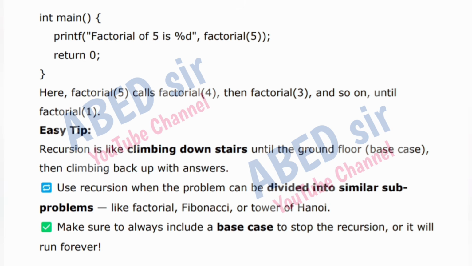Here factorial(5) calls factorial(4), then factorial(3), and so on until factorial(1). Easy tip: recursion is like climbing downstairs until the ground floor, the base case, then climbing back up with answers. Use recursion when the problem can be divided into similar subproblems like factorial, Fibonacci, or Tower of Hanoi. Make sure to always include a base case to stop the recursion, or it will run forever.